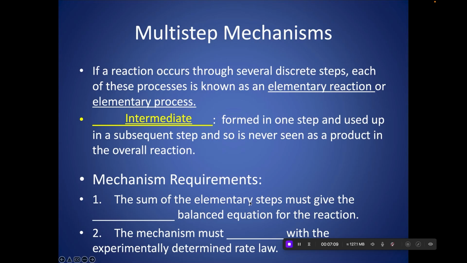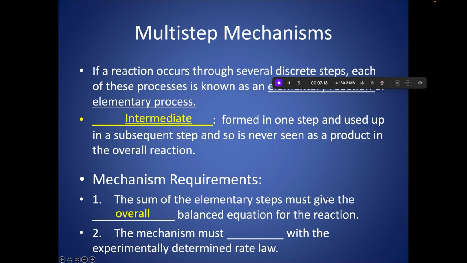The sum of all the steps, each of which is an elementary step, must add up to the overall reaction. And the mechanism must agree with the experimentally determined rate law. So once you come up with a good mechanism, it does still have to be verified with an experiment.